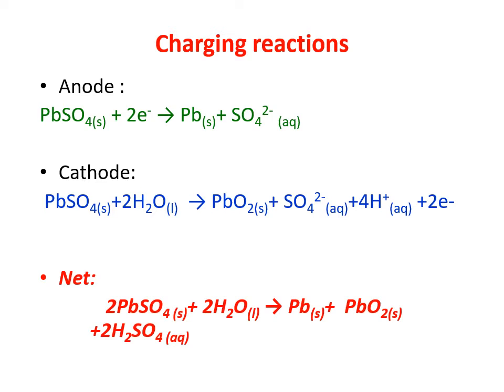PbSO4 plus 2 H2O gives PbO2 plus SO4 2- plus 4H+ plus 2 electrons. There is a loss of 2 electrons. So it is an oxidation reaction. So net charging reaction of lead acid cell is given as 2 PbSO4 plus 2 H2O gives Pb plus PbO2 plus 2 H2SO4.